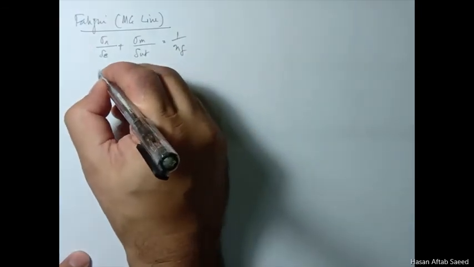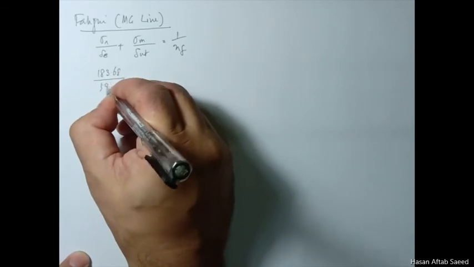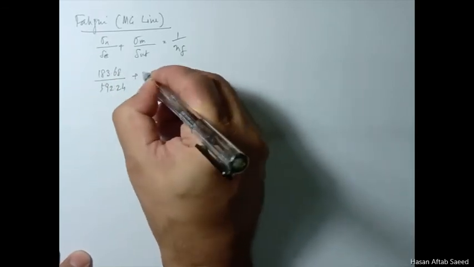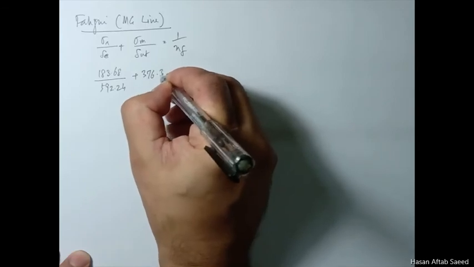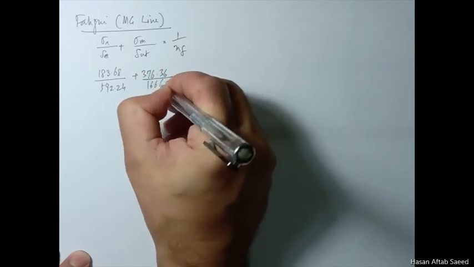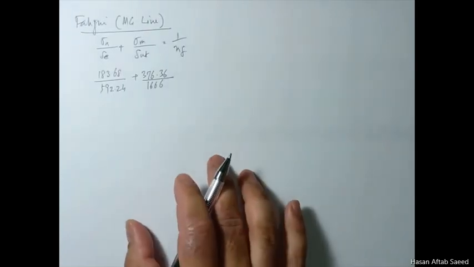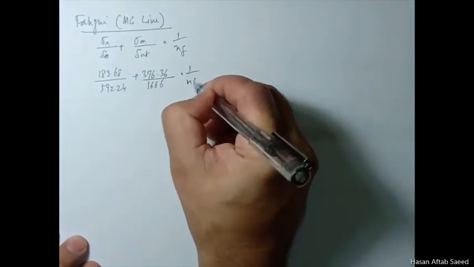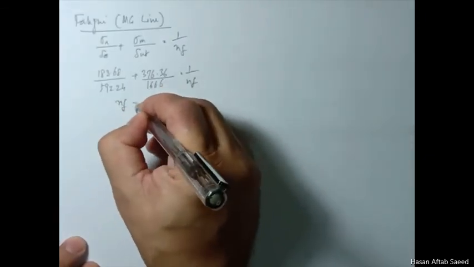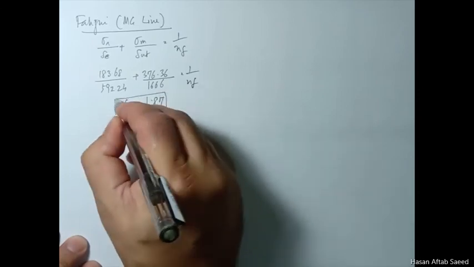Putting in these values, 183.68 over 592.24 plus 367.36 over 1666, yes, that's correct, is equal to 1 over NF, and NF, the fatigue factor of safety, turns out to be 1.87.